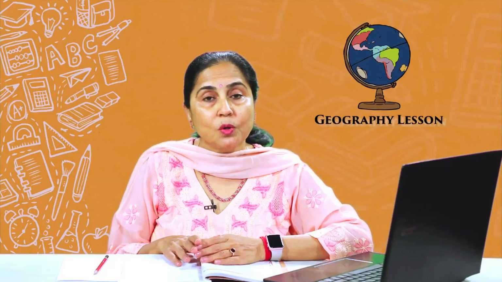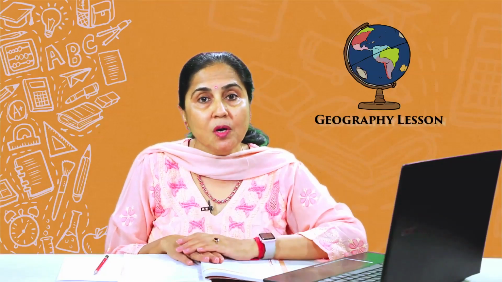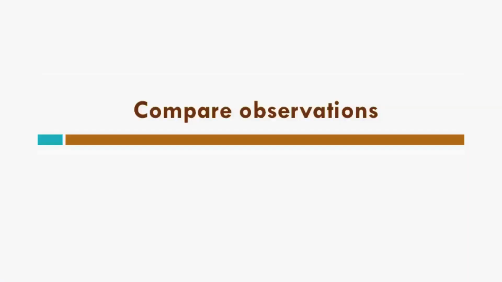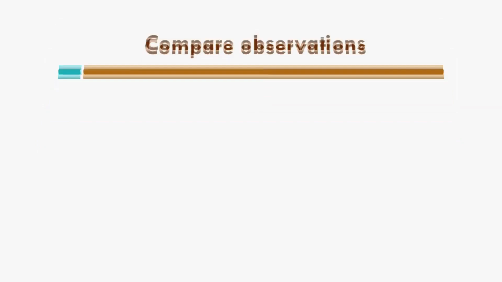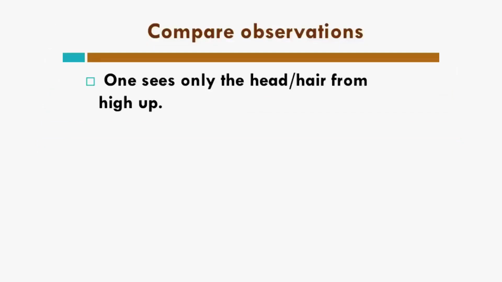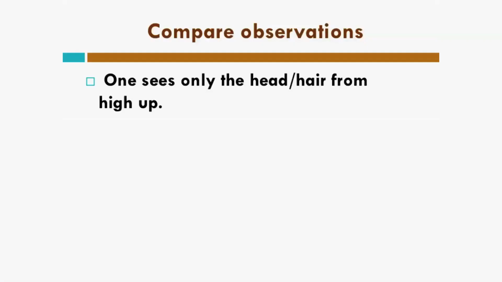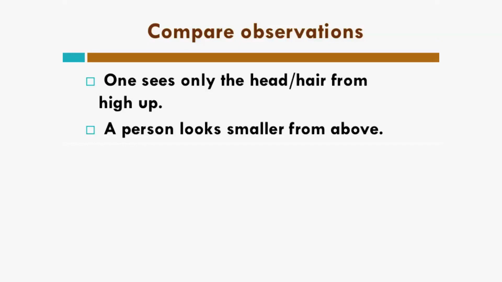You have observed things from the ground level and also at the terrace of your building. So, when you are at the terrace, you were looking at people. One sees only the head and hair from high up. We do not see the features. We can only see the head.